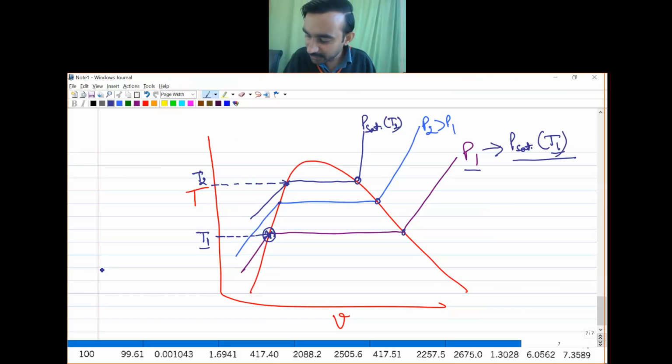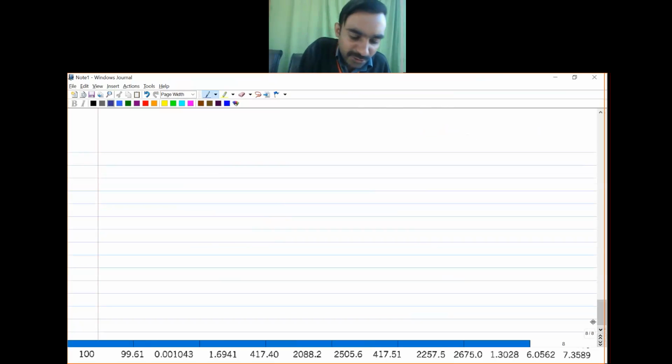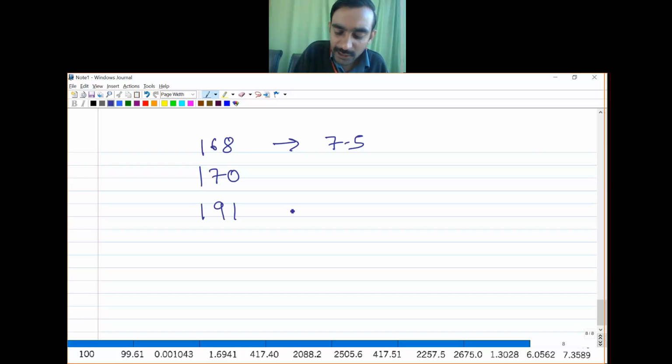Okay, let me elaborate on this one. I have to determine the pressure at 170, which is not available. So I have found 7.5 close to 168 and 10 close to 191. These are the two closest points about 170. Corresponding to 170, say my value of pressure is some P. Now I have to apply linear interpolation.